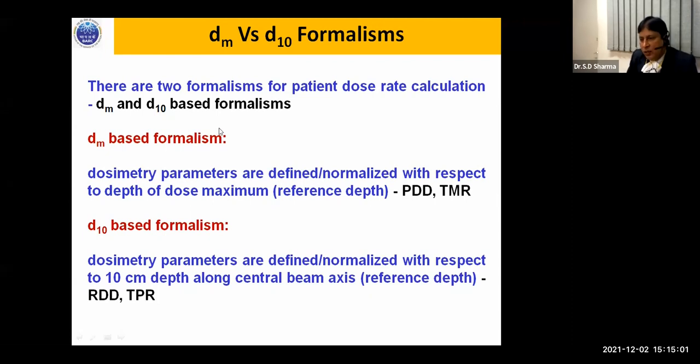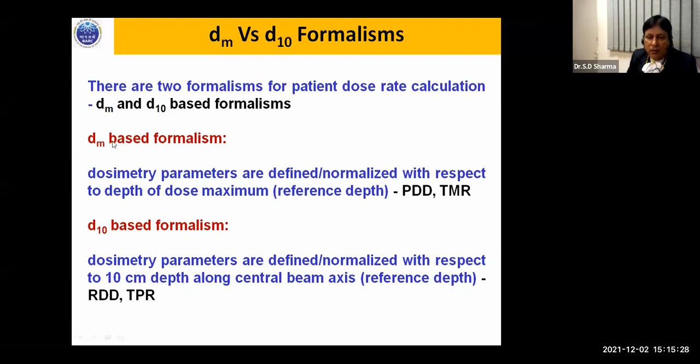But later on, it was found by various researchers that this is the point where secondary electrons or contaminated radiation, that is low energy photons generated in the head of the accelerators, are also able to reach, but this contaminated radiation is not able to reach the tumor center. So this is a drawback.